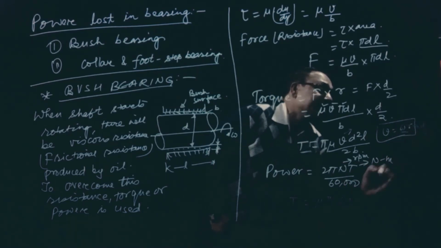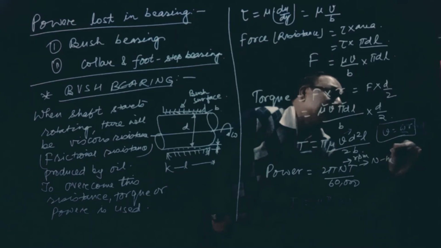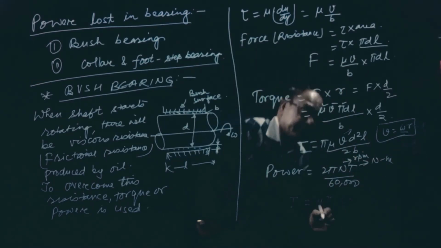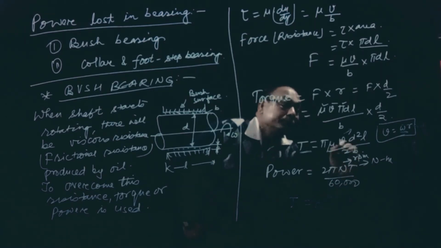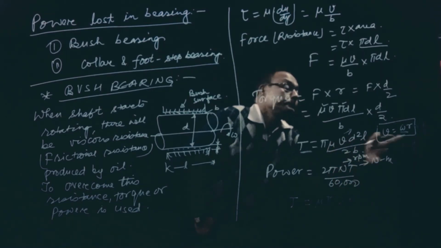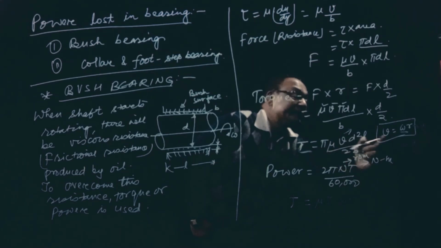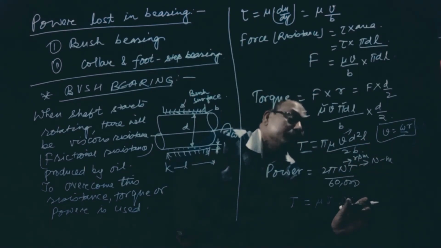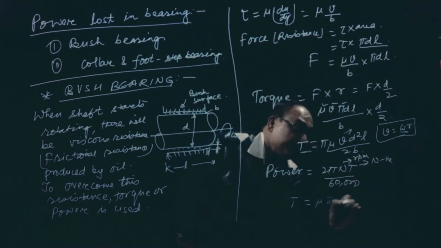All the terms are in d, so it is better to put in terms of R only. So V is equal to omega into d by 2.